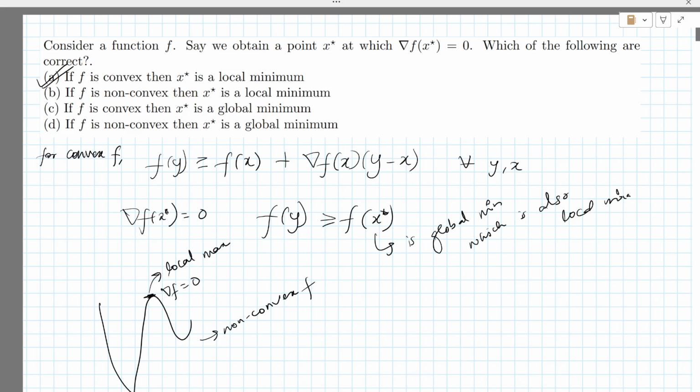So this is also correct. That is what we should have shown. If f is non-convex, then x star is a global minimum. This is incorrect. So these two are incorrect. A and C are correct.